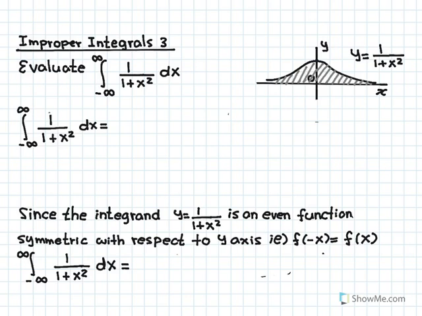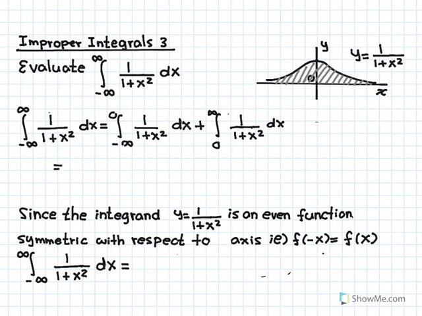So let's do that. The integral from minus infinity to infinity of 1 over 1 plus x squared dx, we write this as the integral from minus infinity to 0 of 1 over 1 plus x squared dx, plus the integral from 0 to infinity of 1 over 1 plus x squared dx. So let's apply improper integrals.